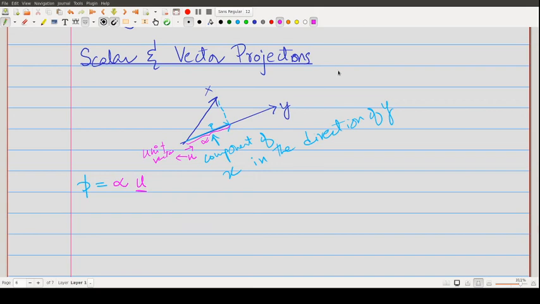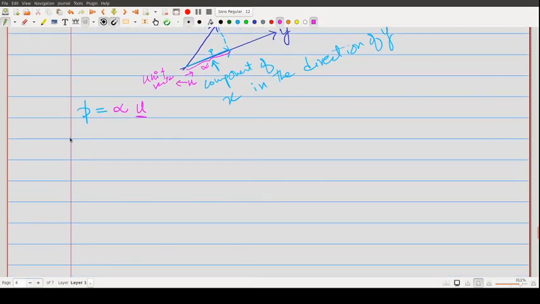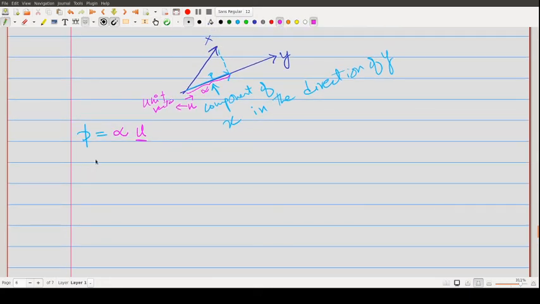And the way to do that is as follows. Here's how we do it. Let's find alpha first, and alpha is easy to find.